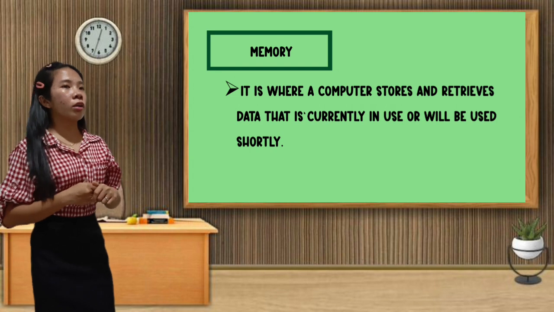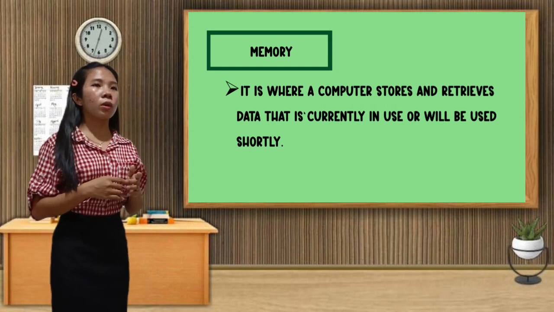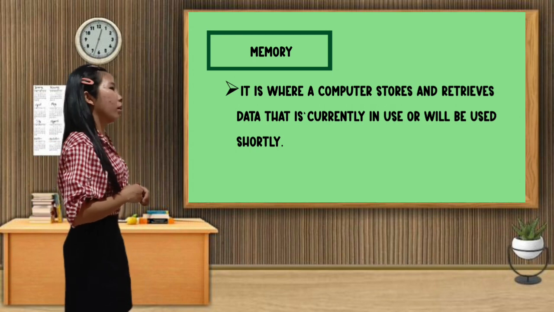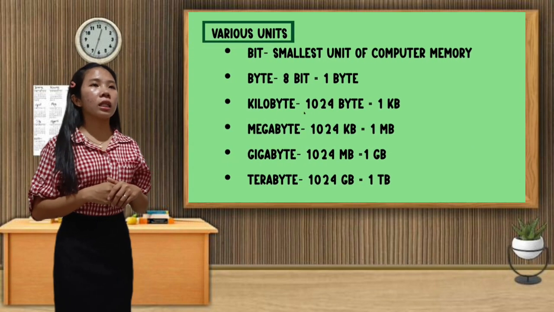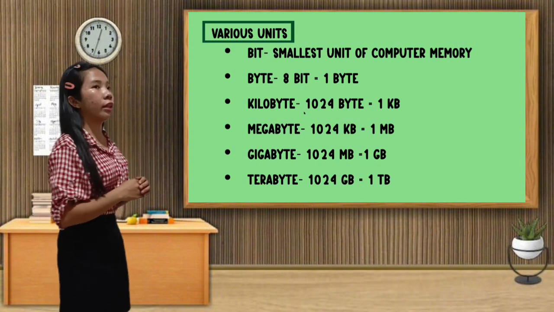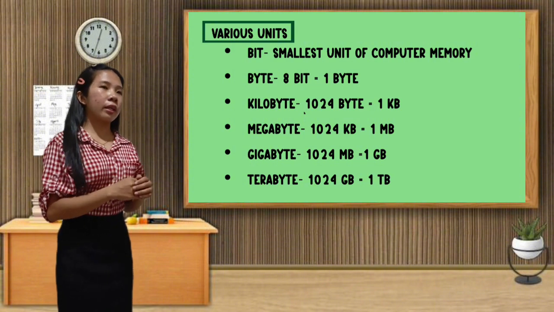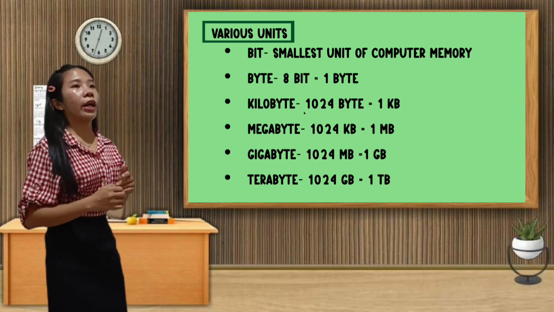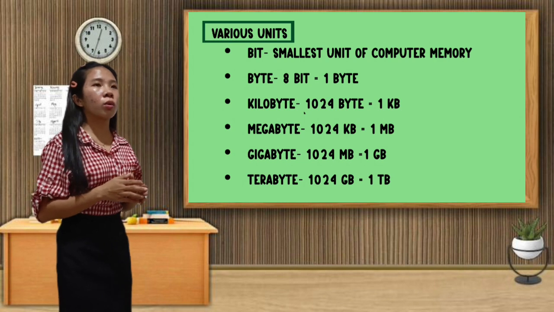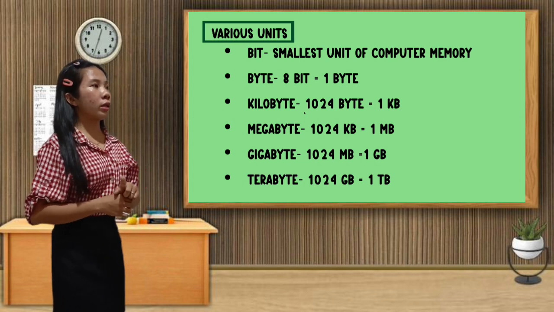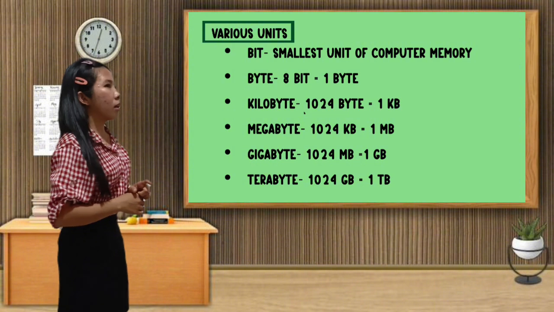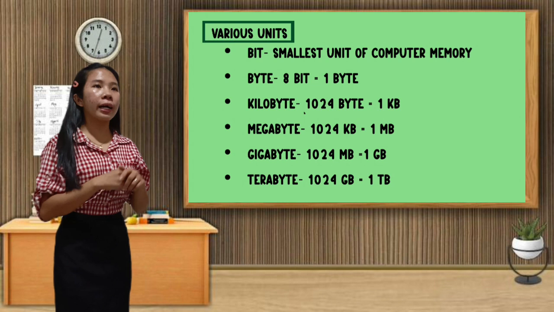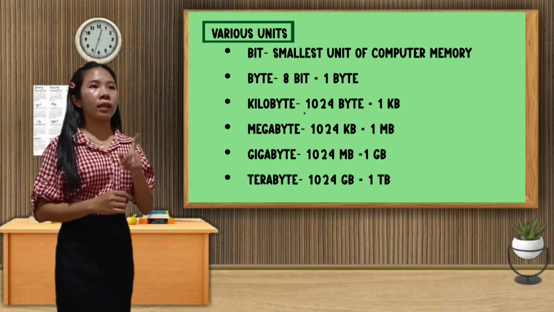So there are various units which are used to measure computer memory. When we say bit, it is the smallest unit of computer memory. And when we say byte, 8 bits is equal to 1 byte. When we say kilobyte, 1024 bytes is equal to 1 kilobyte.